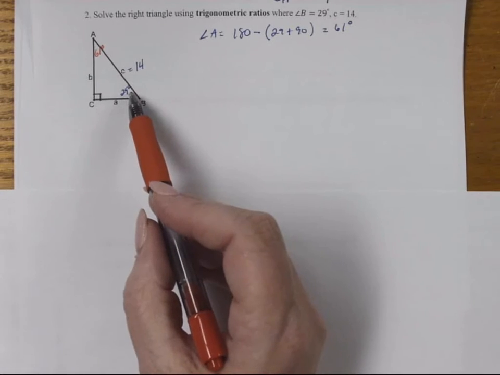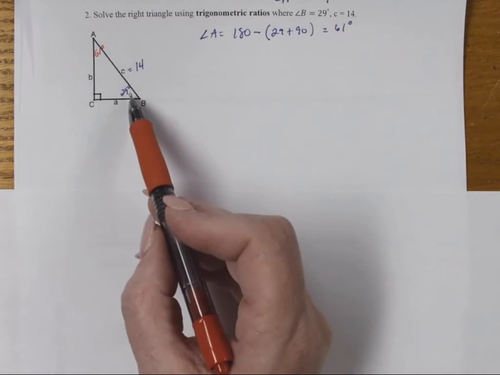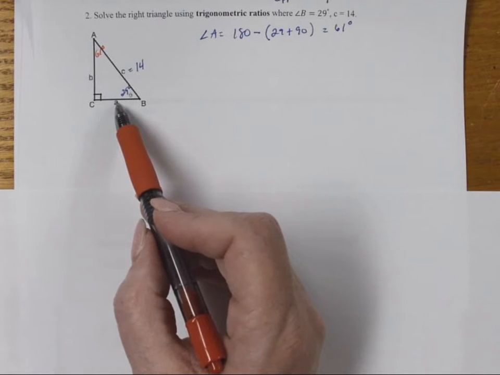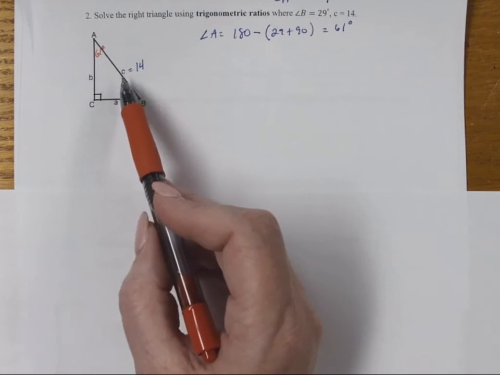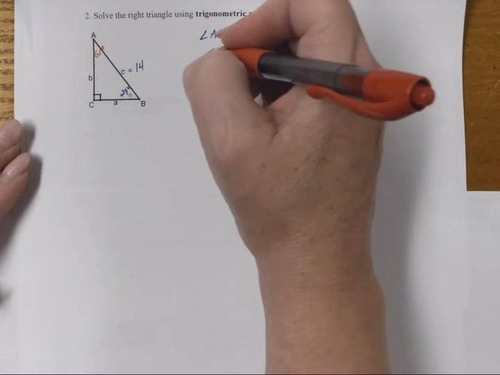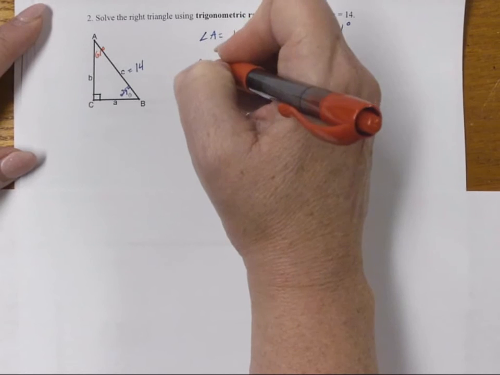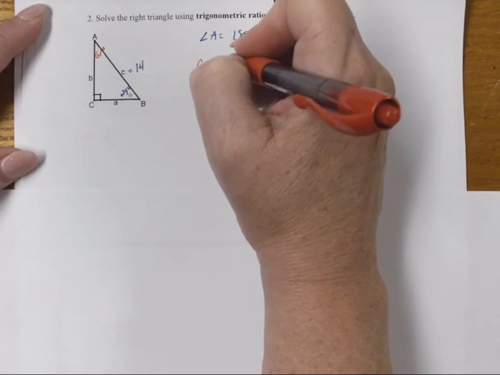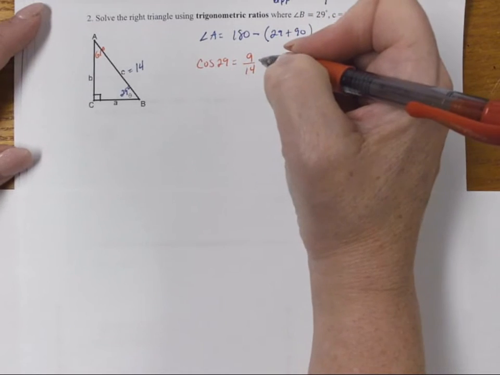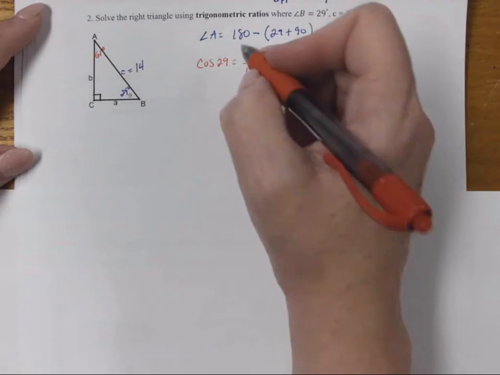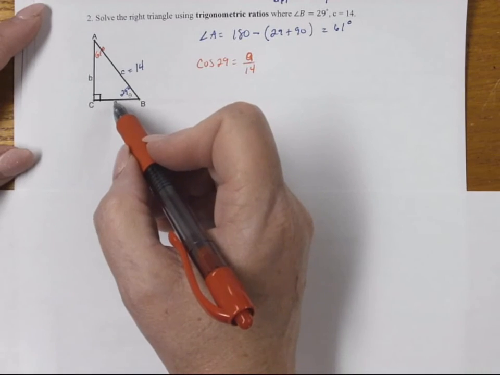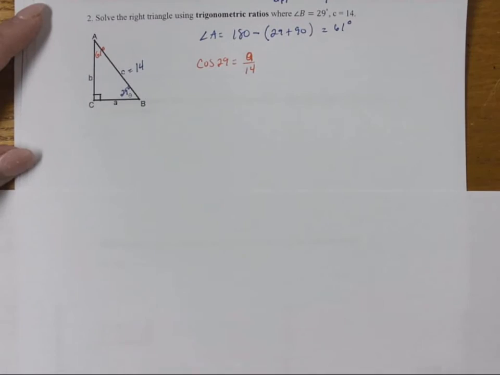So if I want to find side A, if I'm looking at theta, this is my adjacent side, and this would be the hypotenuse. So the trig ratio I can use will be cosine. So cosine of 29 will be equal to A over 14, because that is my ratio of adjacent over hypotenuse.